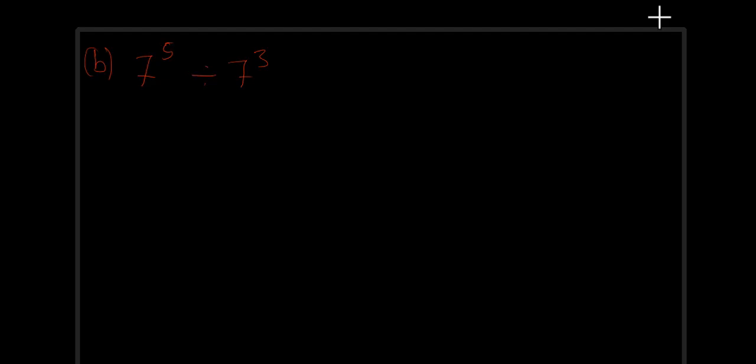Alright, so we resume. We have been given our second question where we're told 7 to the power 5 divided by 3 to the power 5. In this particular case, we follow our principle: m to the power x divided by m to the power y equals m to the power x minus y.